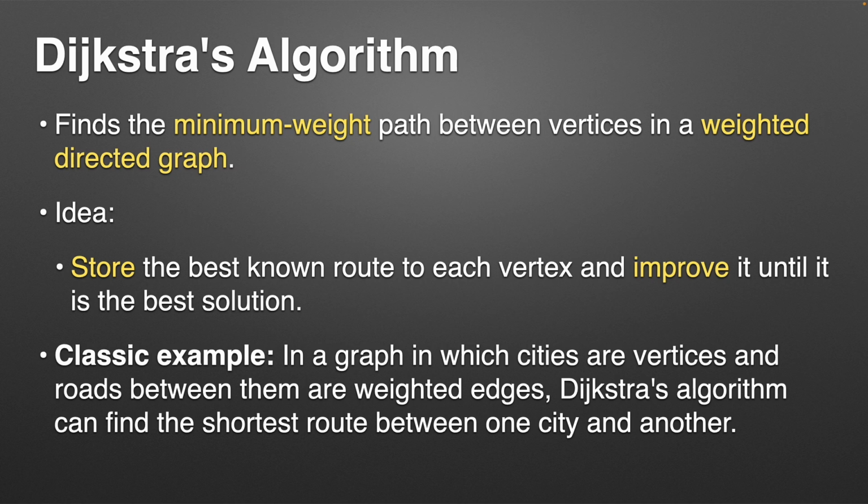The way that we're going to do that is we're going to keep track of the best known route to each vertex, and then as we explore the graph, we will update the best known route if we find a better one. There are a ton of applications for this, obviously, anything where you have a weighted directed graph. A good classic example is that you have cities as the vertices, the edges are distances between the cities, and you want to find the shortest distance between any two cities.